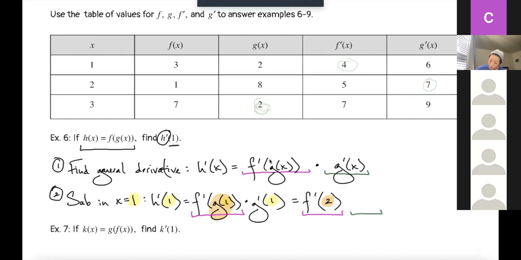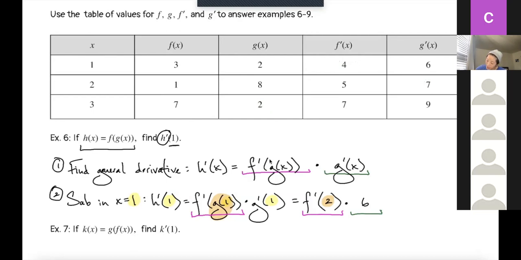What can I write for g prime of 1? Good, very nice. 6. Yeah, exactly, we can think about them as y values.